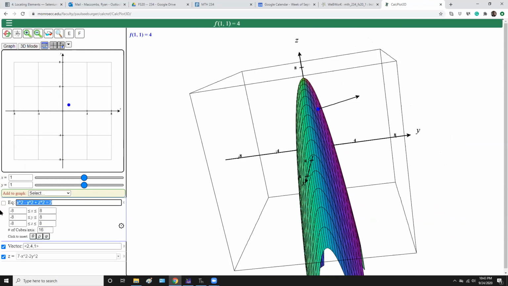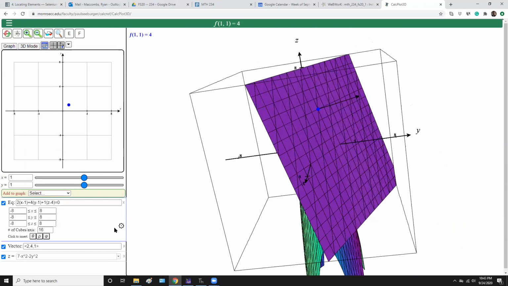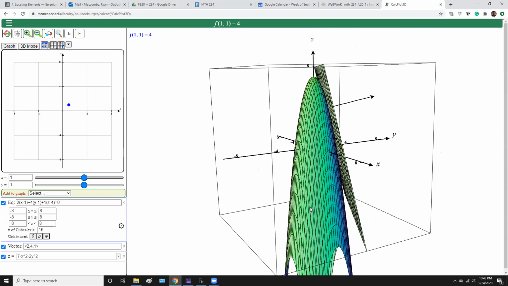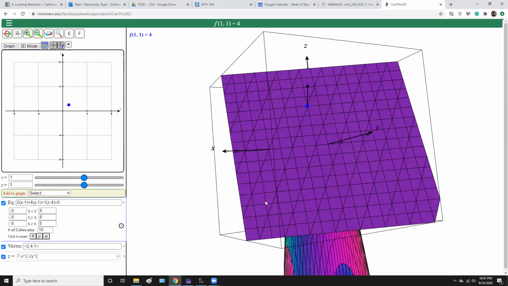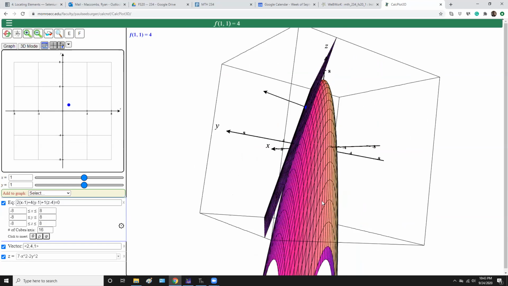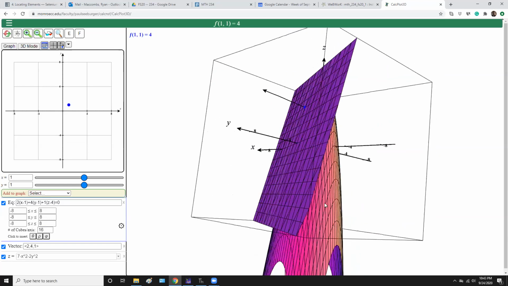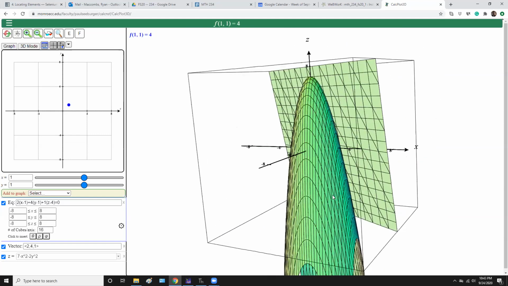And the surface that we said should be 2 times x minus 1 plus 4 times y minus 1 plus 1 times z minus 4 equals 0. We have hope. That does look like a nice tangent plane. It looks like it just barely skims the surface there, touching at just that point. So yeah, that looks like a good tangent plane. I'm happy with that.